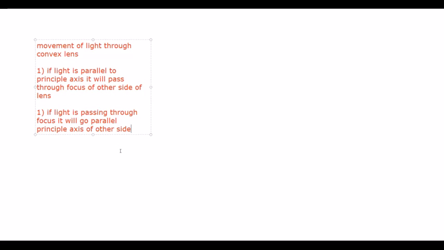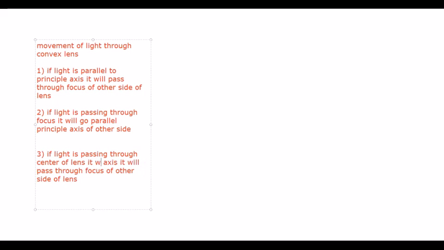I'll draw each so you will understand. And the third one, if light is passing through the center of the lens, it will not change its direction. So these are the three rays which can be used to explain how an image is formed by a convex lens.